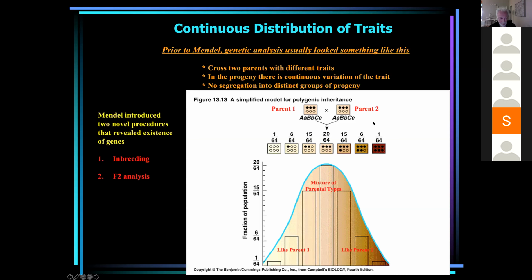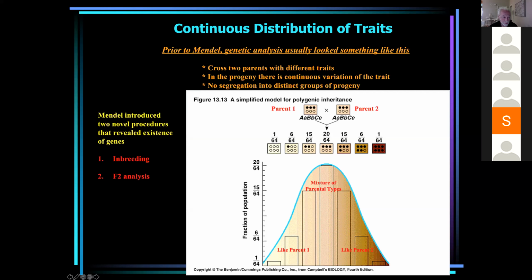If you look at this bell-shaped curve, at the progeny of such a cross, there'd be a few individuals in the progeny that would be mostly like one parent, and a few mostly like the other parent, but most of them would be in between. They would look like a mixture of parental types. So that doesn't really tell you much. It just tells you that you've mixed up the traits of two parents and nothing more.